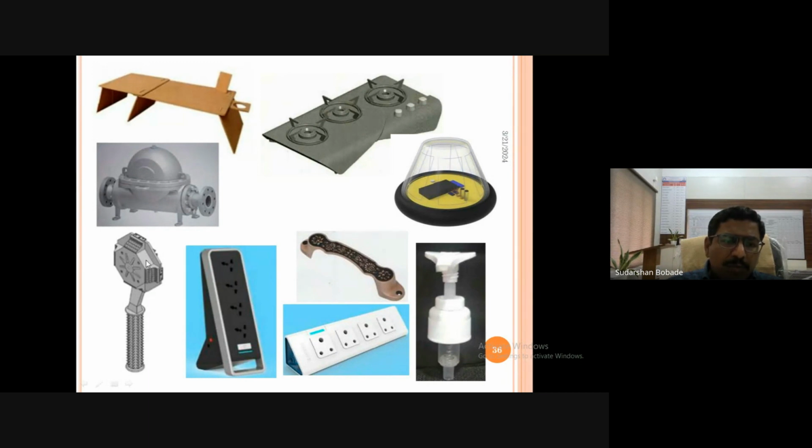This is nothing but a tool with different edges. Okay, then this is the door handle. With the design placed on this particular door handle, we can claim the shape, size and configuration. This is the dispenser. Generally we utilize this for hand wash and such things. So likewise, these are various components.